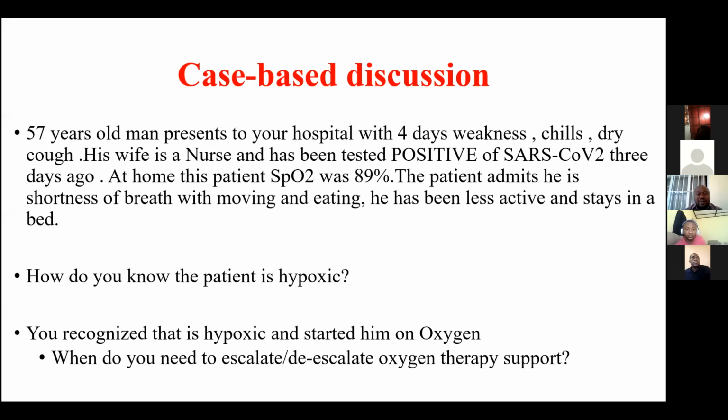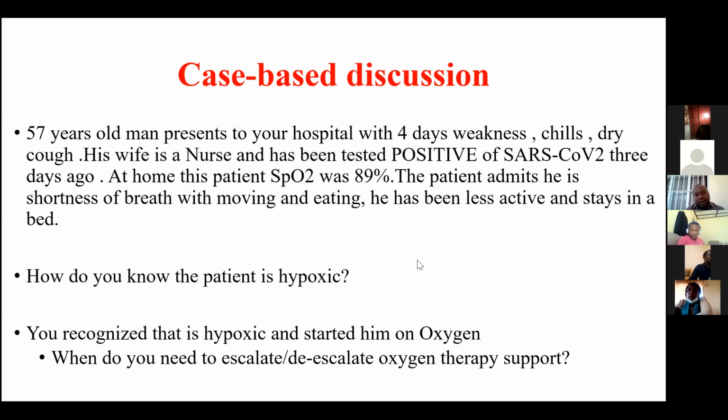The question to answer is, how do you know the patient is hypoxic? And once you know the patient is hypoxic and you start oxygen, when is the time to escalate the oxygen therapy support you are providing? These are the three main questions we are going to discuss through this case discussion.